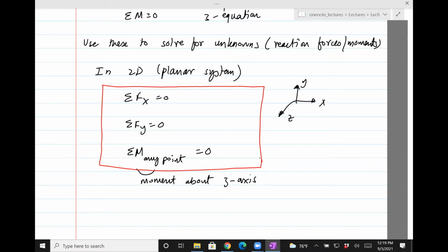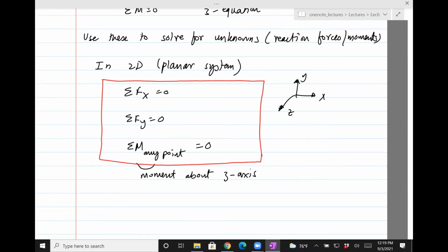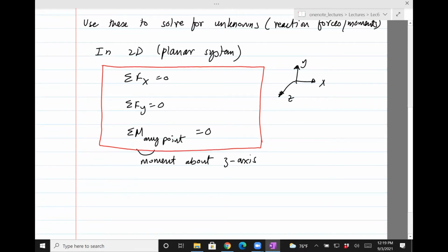So you always want to use force in x, force in y, and moment at any point equal to 0. Don't keep using that moment at any point multiple times because it is just the same equation. And that's one way people get answers wrong. Though you can use it in smart ways to find forces without writing too many equations, and as you get more and more expert at this, you can figure out how to do that. But I recommend people just write all those 3 equations and use those 3 equations.